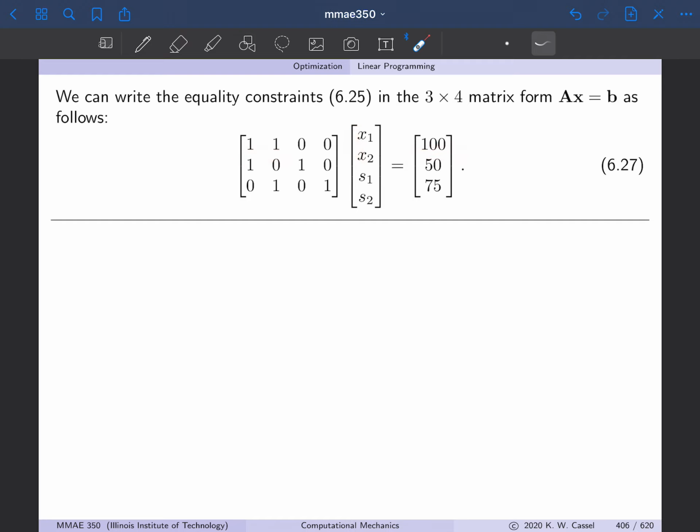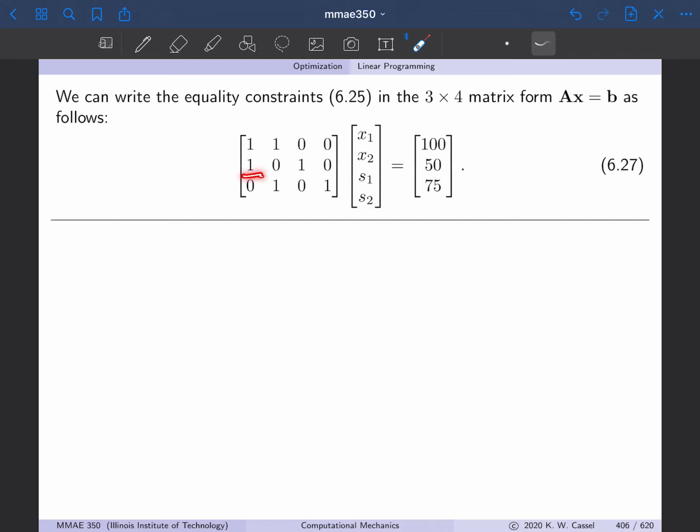That's the original equality constraint, which again is saying that the total number of cars on the two trains has to add up to 100. Then the next equality constraint, which was converted from an inequality constraint, says that 1 times x1 plus 1 times s1 has to be 50. So remember again, x1 has to be less than or equal to 50.